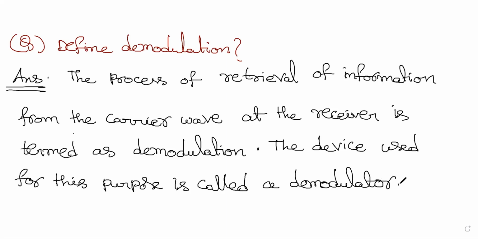So that's the answer. So this is a retrieval of the information. There will be a carrier wave on which our message signal will be there, and from the carrier wave you have to receive the message signal, that is the low frequency wave. You have to separate it out, leaving the high frequency wave. So this process is called demodulation.